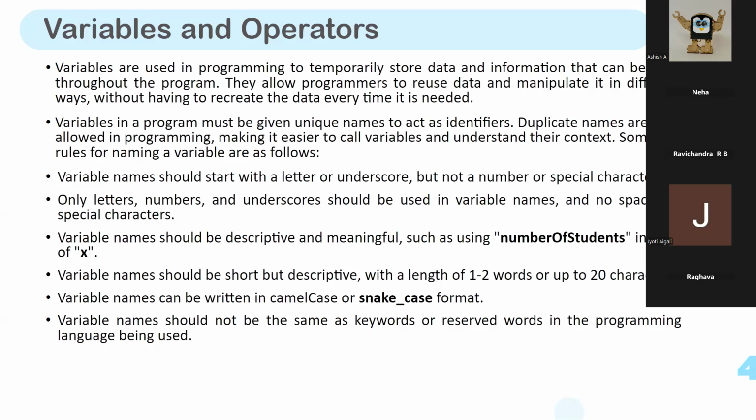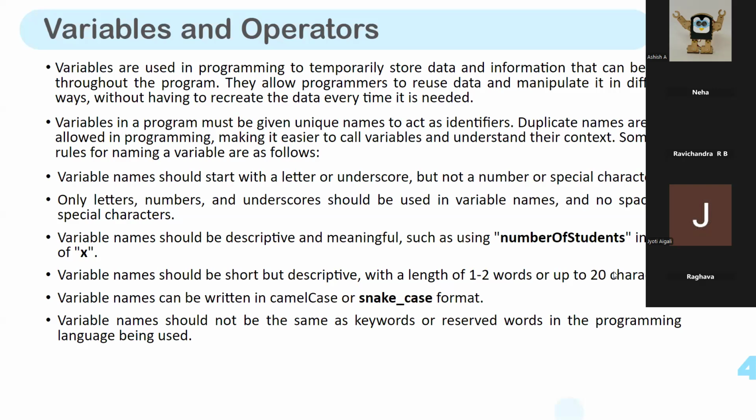Variable names should be descriptive and meaningful, such as using number of students instead of X. Let's say if we put X, we will not be able to understand what the exact variable is used for. So we have to give it in a descriptive and meaningful way. And the variable names should be short but descriptive, within a length of 1 to 2 words or up to 20 characters.